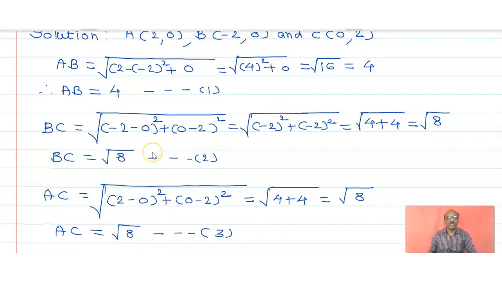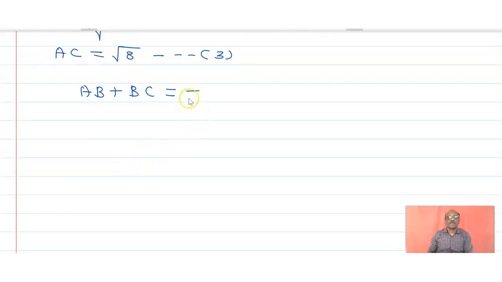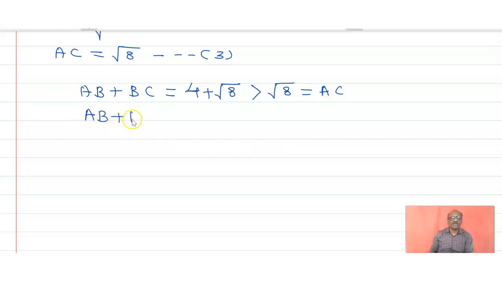AB is 4. 4 plus root 8 is greater than root 8, and that is equal to AC. Means what? AB plus BC is greater than AC.